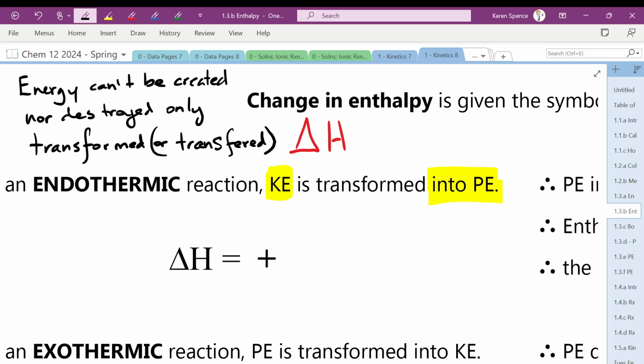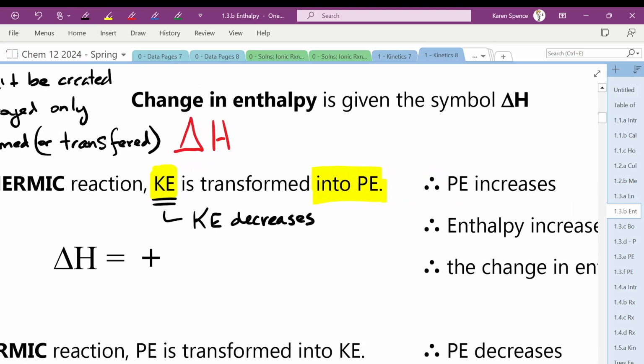Now, if kinetic energy is transformed into potential energy, what is happening to the kinetic energy? Yeah, the kinetic energy decreases. What happens to our potential energy? Potential energy increases, and that one's actually written over here.